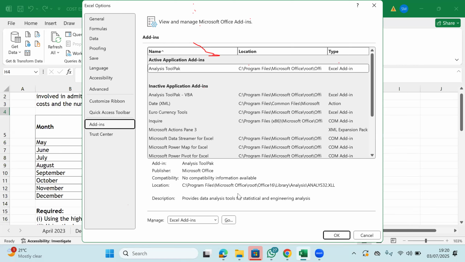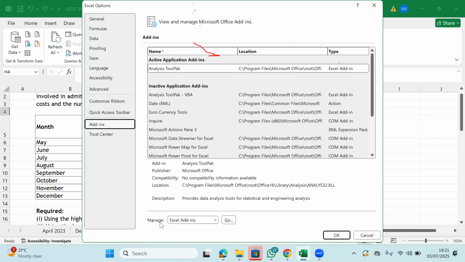After clicking on add-ins, at the bottom end where my cursor is, there is manage Excel add-ins. So we need to manage our Excel add-ins.